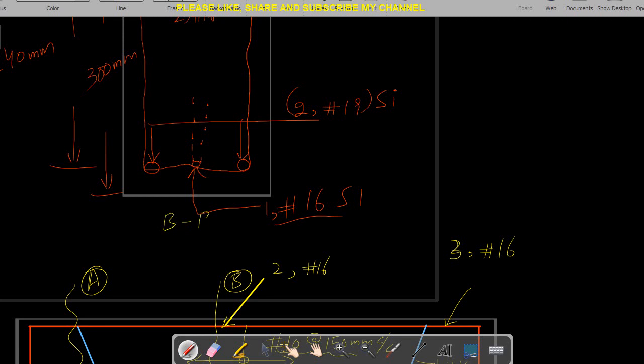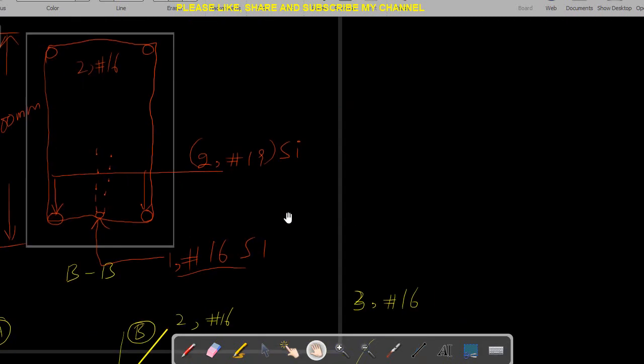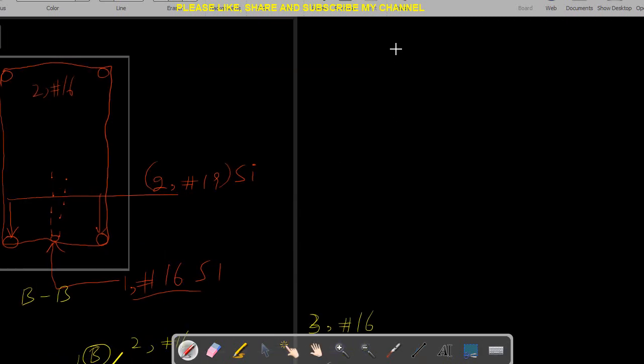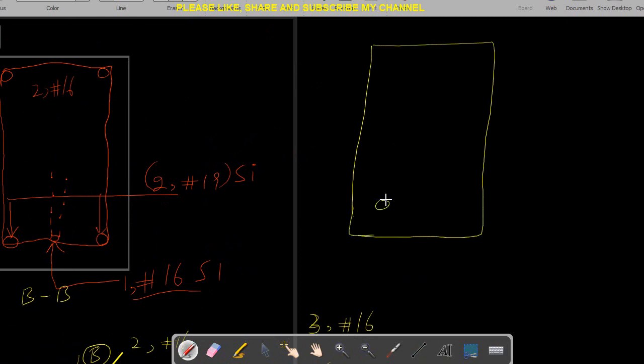This is at section BB, while the section at the support, it will be different. At the support, the section will be different from the mid section, right? We have only 2 bars, and in the top we have 3 bars, right? This is important.